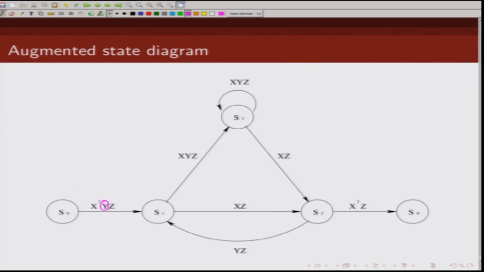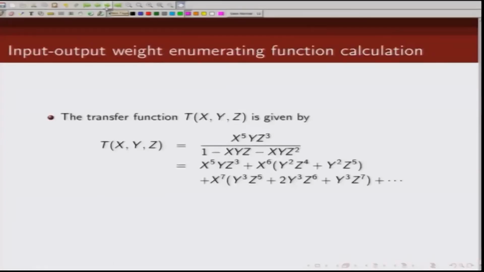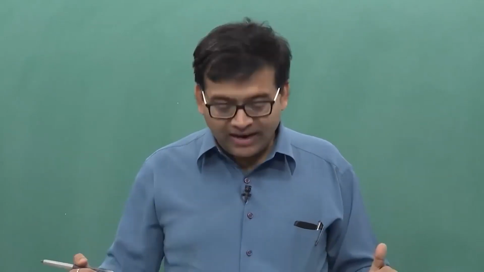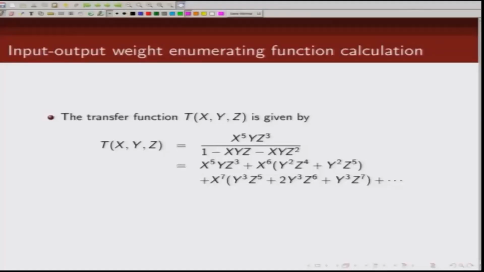I follow the same procedure using Mason's gain formula to compute the weight enumerating function, and I get this information. I am skipping the steps, it is exactly the same procedure I just laid out, and you can see it gives us a lot more information.